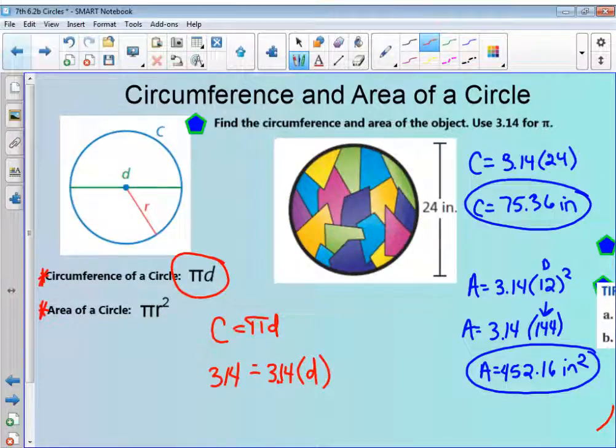If they wanted to know the diameter, I could work to get d by itself, like we did back in chapter 1. We're going to divide by 3.14. So 314 divided by 3.14 should give me 100, and it does. So I end up with the diameter equaling 100.